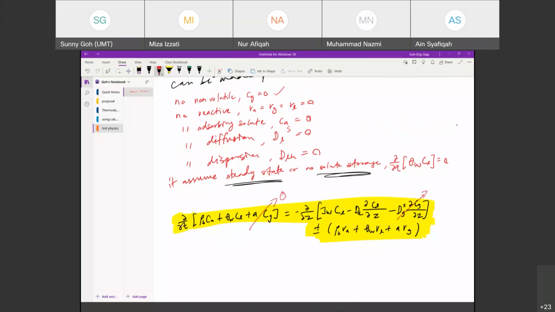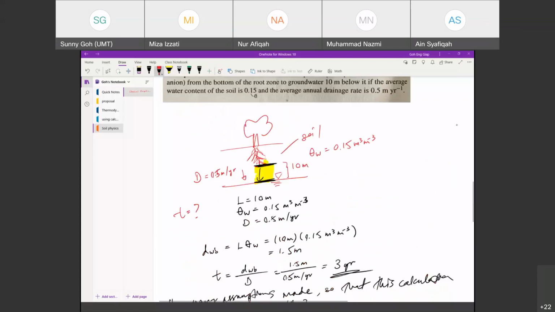Ra, Rg, Rl are 0. Ca is 0. Diffusion and dispersion are 0. No solute storage, or steady state, basically means this part is 0. So you can see it's very simple. You just get 0 equals W JW CL. And this is exactly the calculation that we are doing here. Very simple calculation.